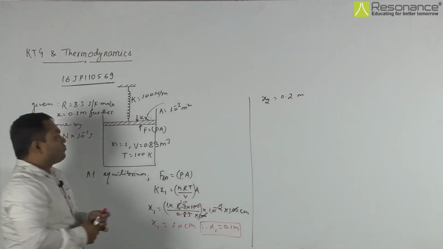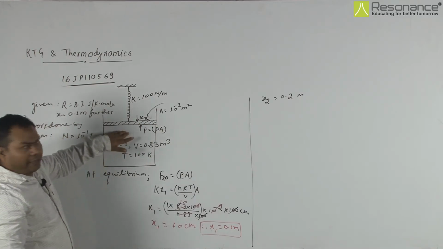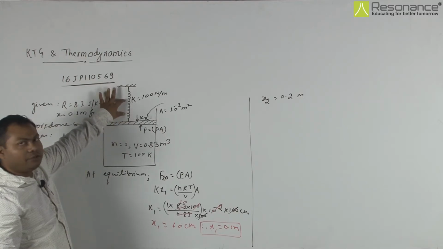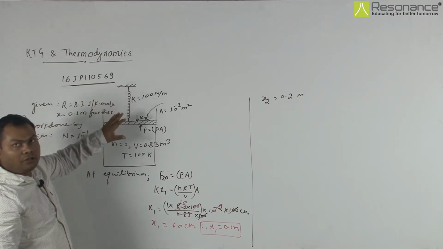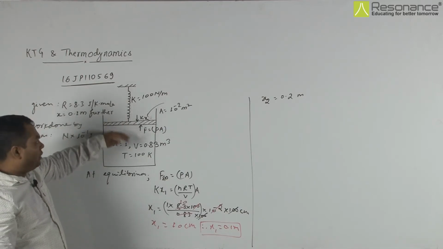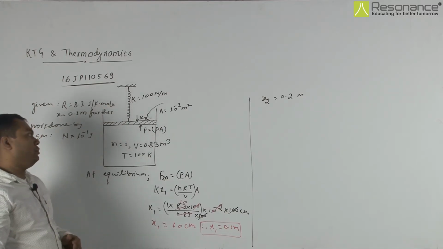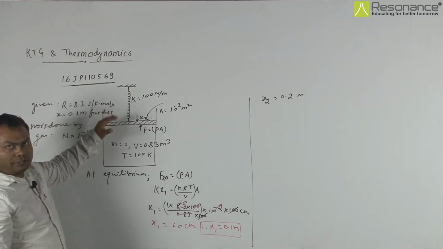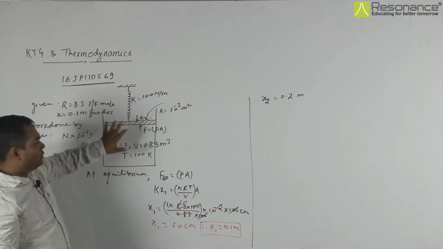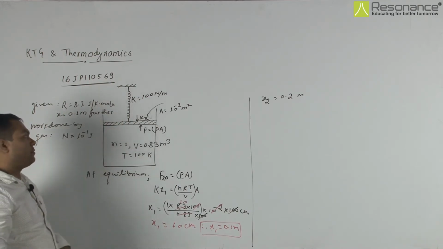You see, the work done by gas must be equal to the potential energy stored in this spring for the section when it was earlier compressed by 0.1 and now it becomes compressed by 0.2. During this extra 0.1 compression, the potential energy stored by the spring must be equal to the work done by the gas.